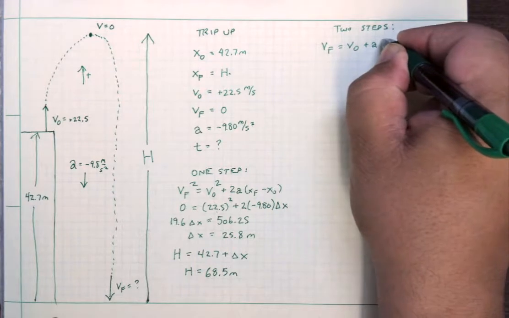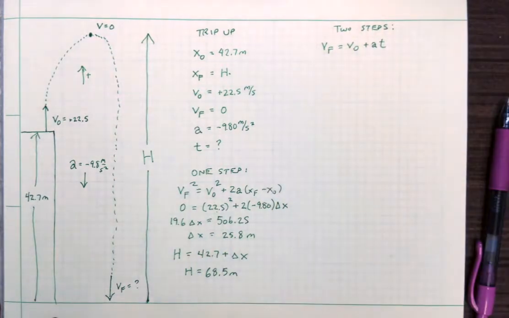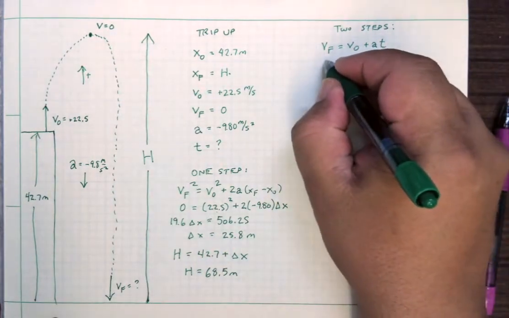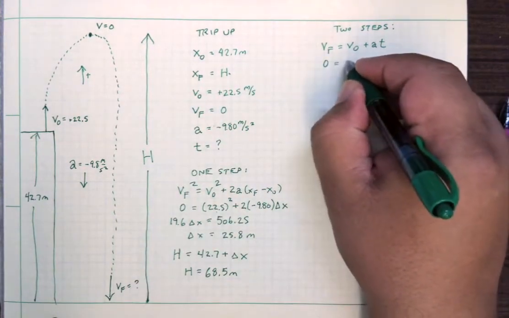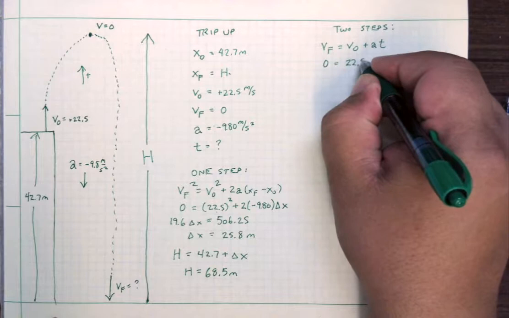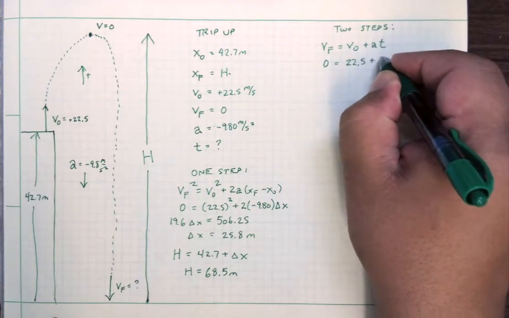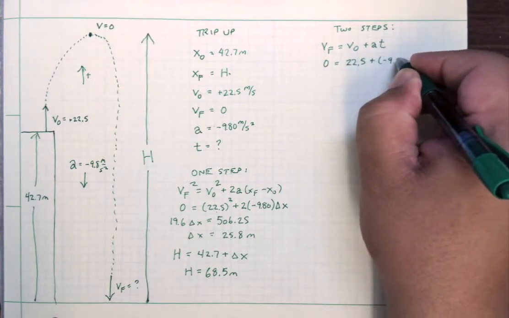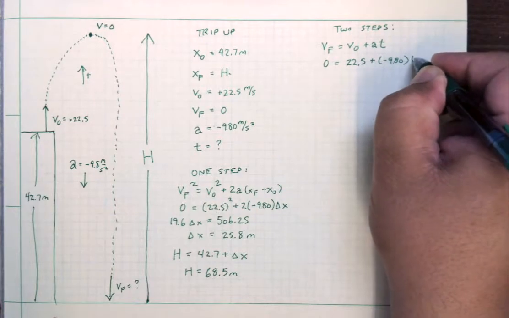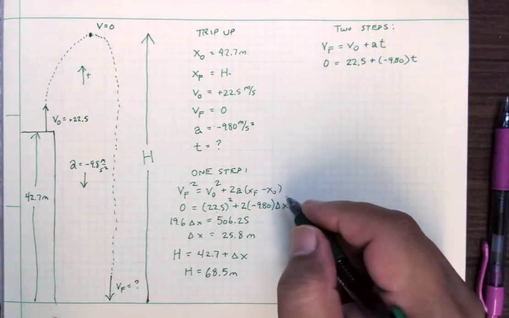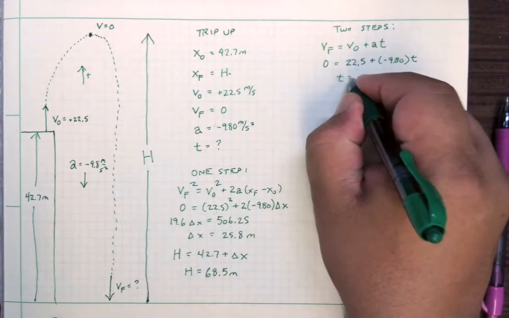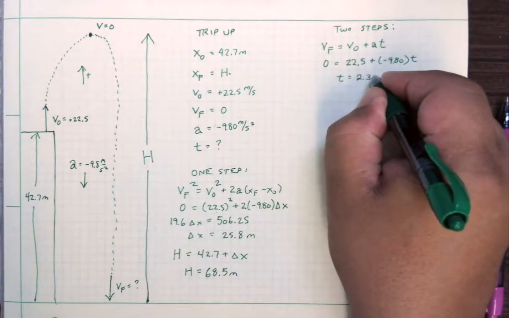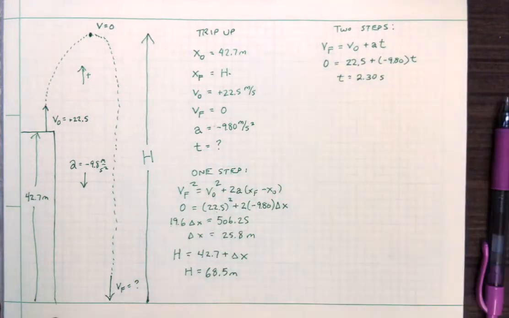V final equals V initial plus acceleration times time. Again, for the trip up, the final velocity is 0. The initial velocity is 22.5. The acceleration is negative 9.80, and the time is t. Solving this equation for time, we get the time up, which is 2.30 seconds.